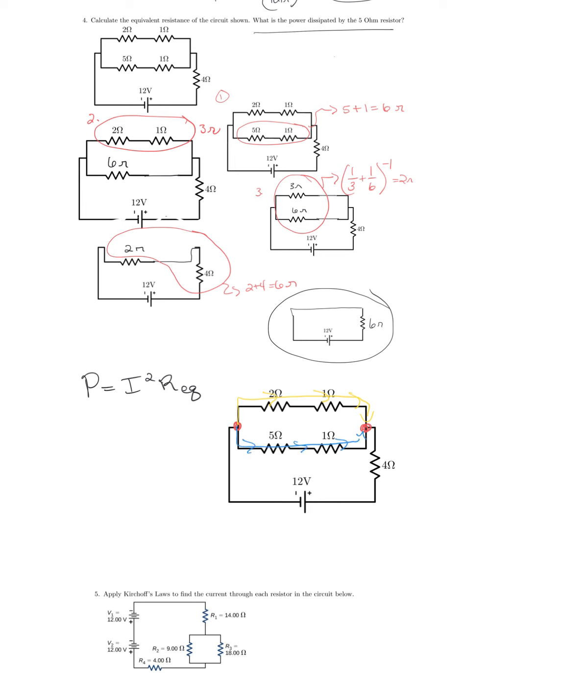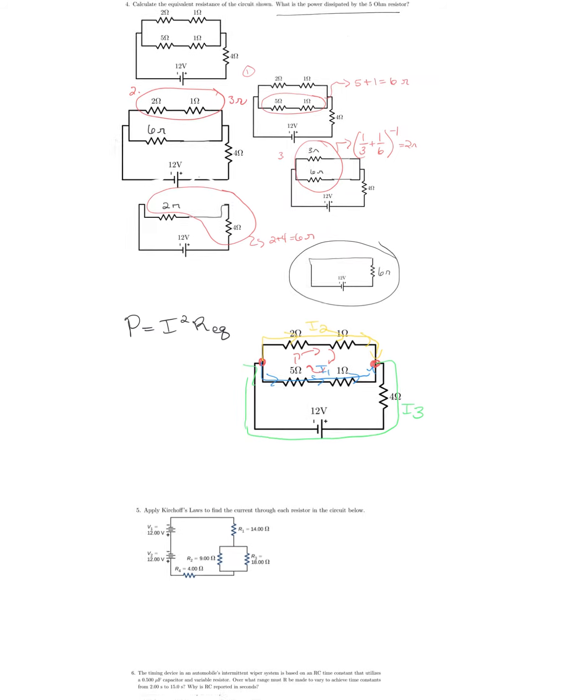We'll call this one I1, and we'll call this one I2. Because of Kirchhoff's laws, which we'll go over in the next problem, the sum of the currents going into a junction equals the sum of the currents coming out of a junction. We can call this one I3, but we won't need that one, because we're concerned with using the loop law, which we can apply for this closed loop here to find our current.